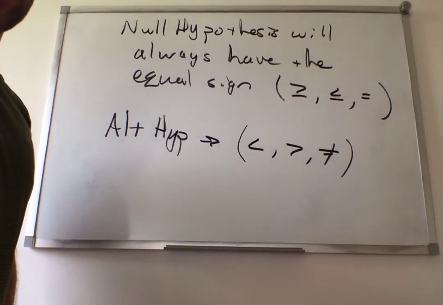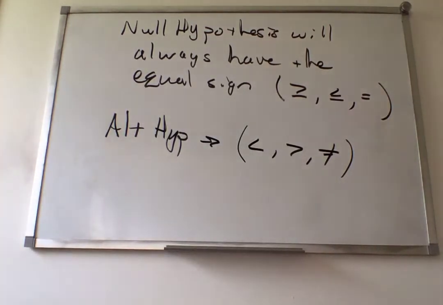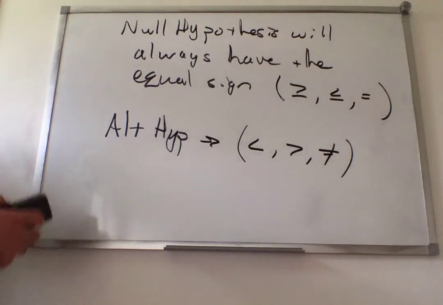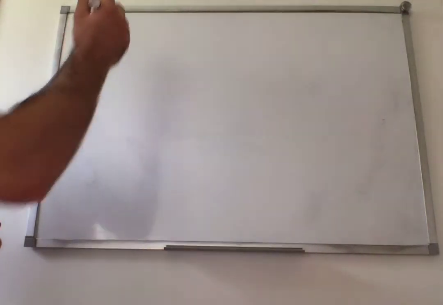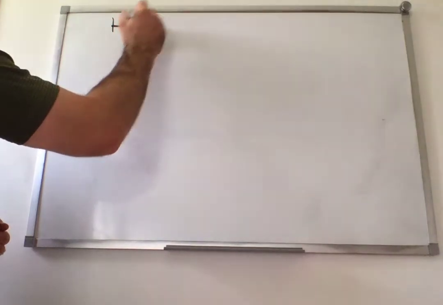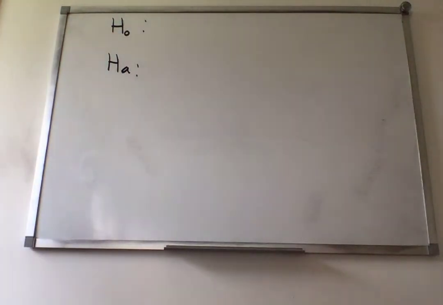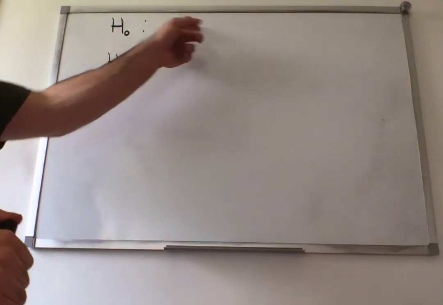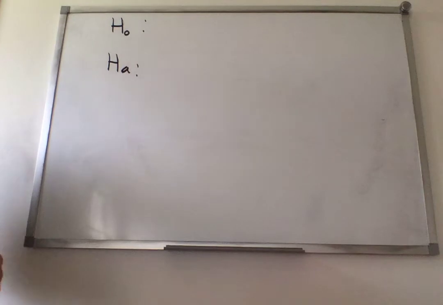Now let's go through and see how to write our null hypothesis and our alternative hypothesis. And we've got some examples. So how we're going to do this, H naught colon, HA colon, just like that. We're going to write our statement here, write our statement there. So let's read it.